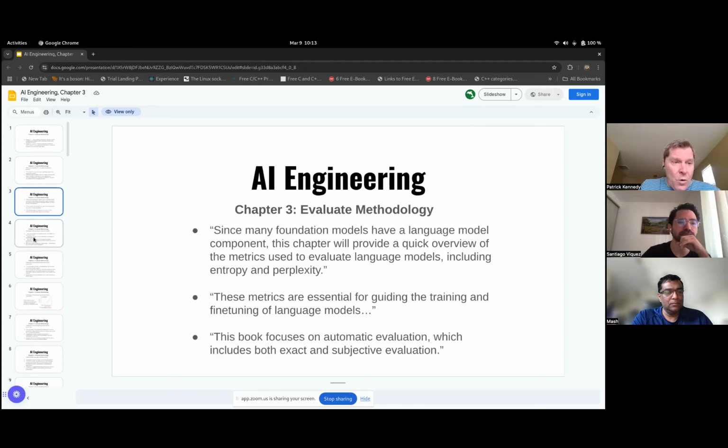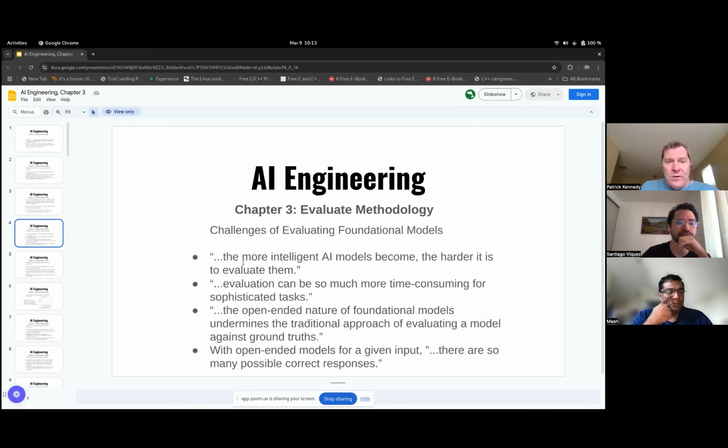Okay, so the fourth slide, challenges of evaluating foundational models. Like we were talking, we could have a catastrophe and lose all our business. The more intelligent AI models become, the harder it is to evaluate them.